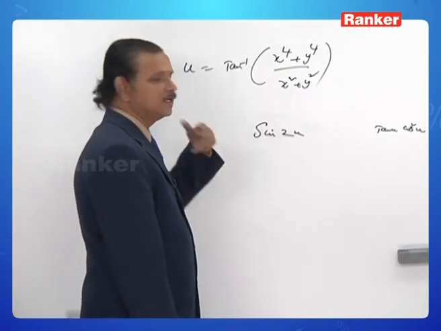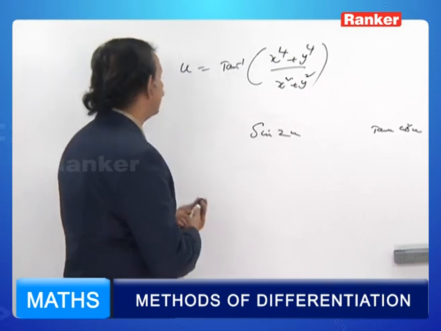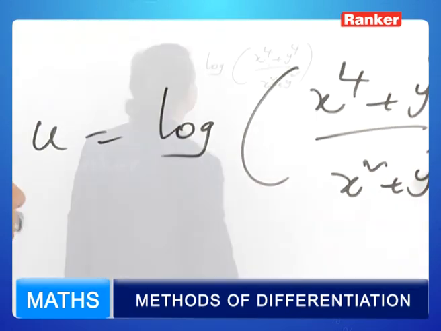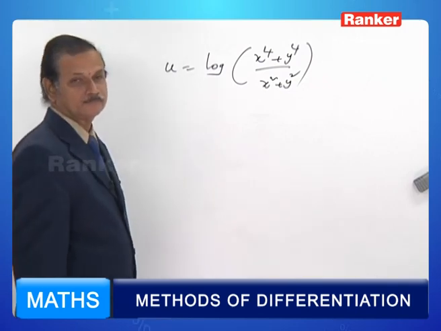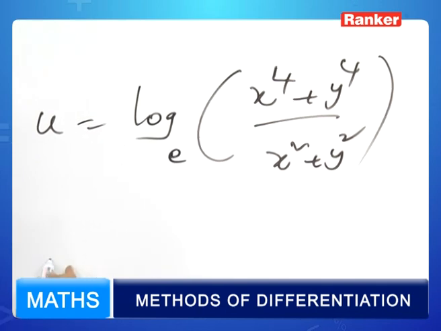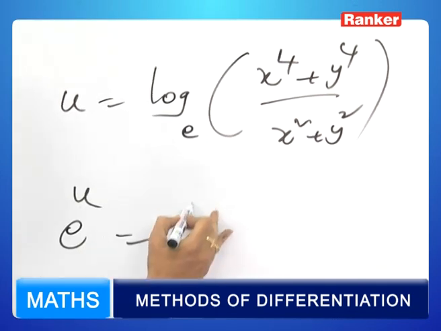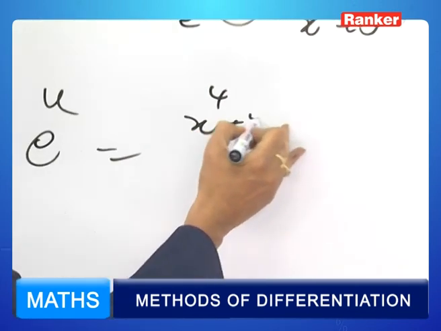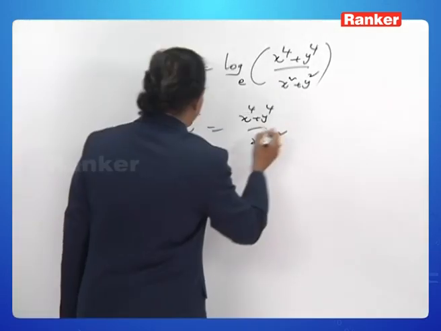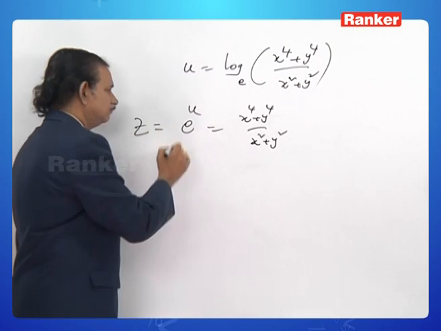Not only like that, suppose it is log of something, then e power u is equal to x power 4 plus y power 4 by x square plus y square. Call this z.